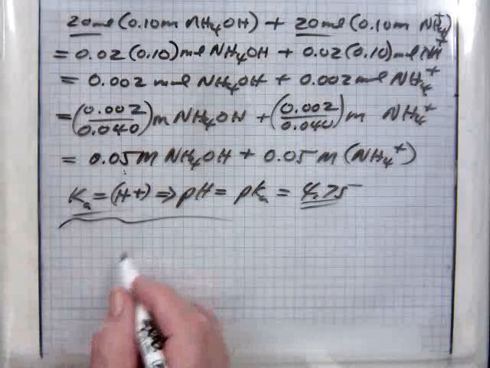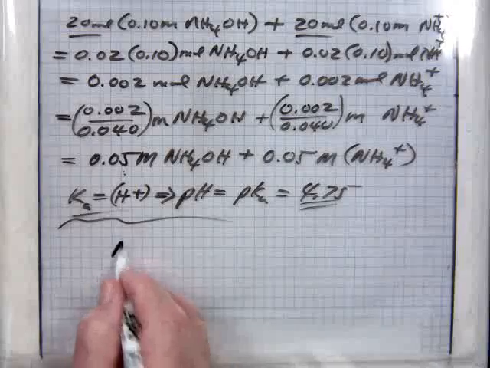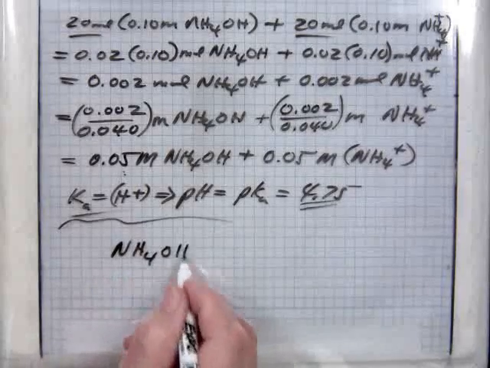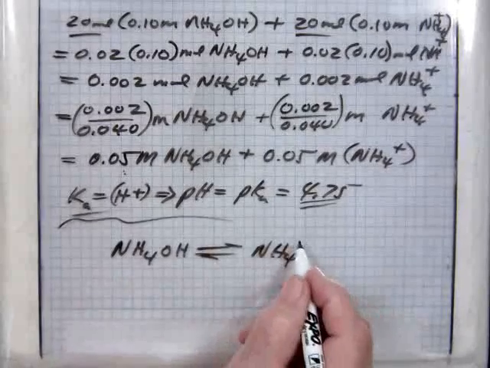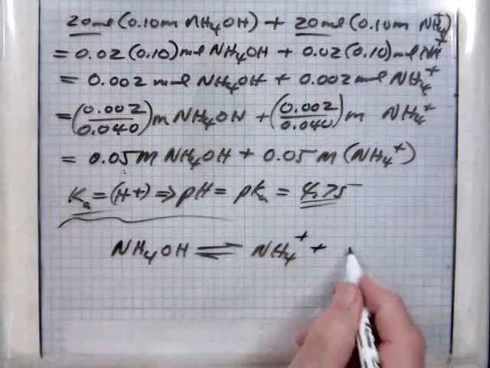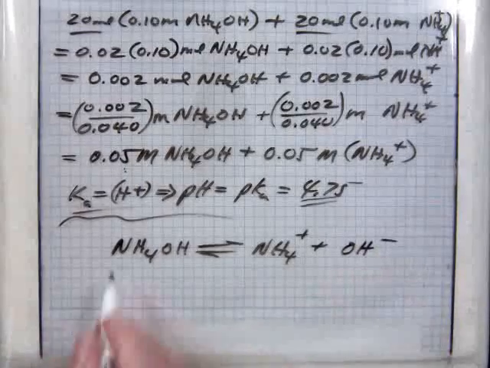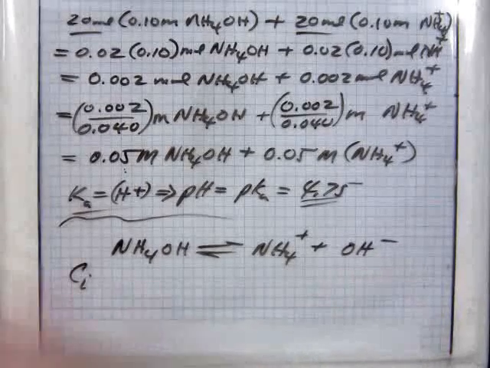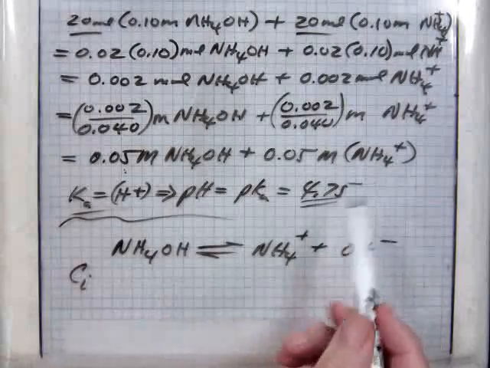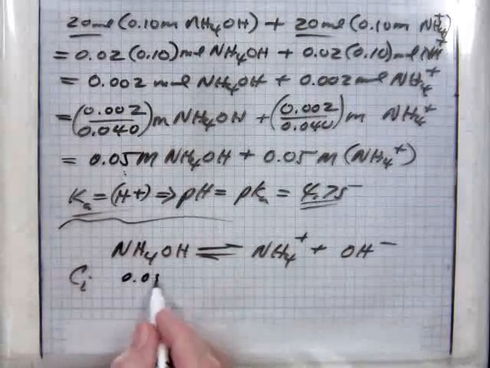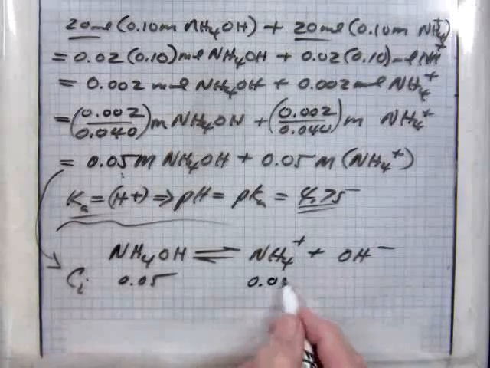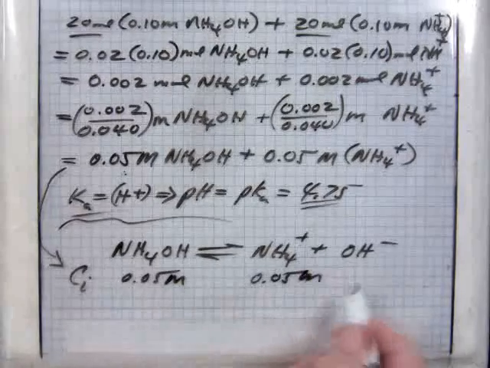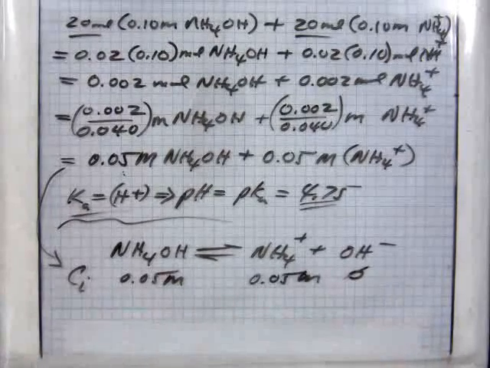Okay, so now you have NH4OH going to ammonium ions plus hydroxide, and if you're going to start your buffer, you've got a 0.05. That is now what you use in that row, and you have 0.05, and you start with a 0.